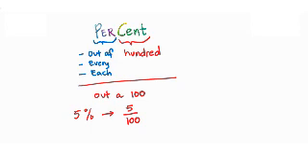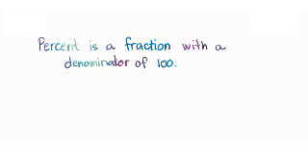If we have 25%, that is basically 25 out of 100. Percent is a fraction with a denominator of 100.